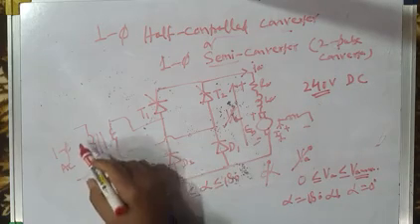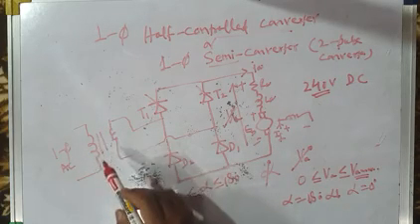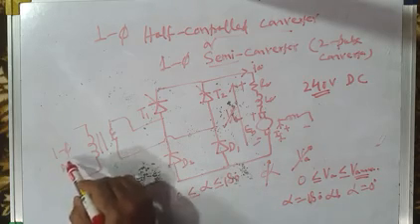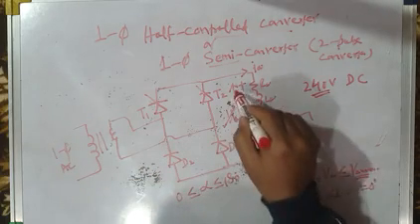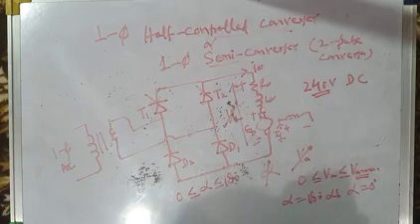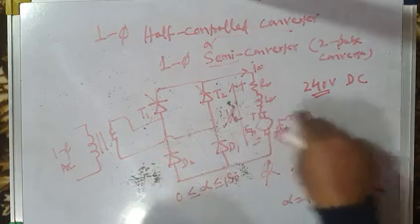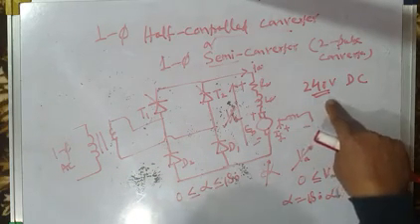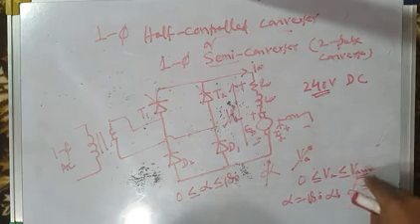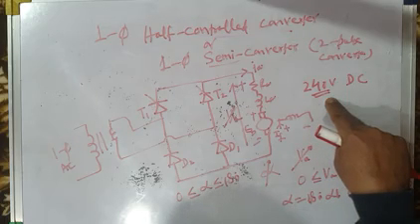You use this step down transformer in case the AC voltage for alpha equal to 0 degree gives an output voltage more than the rated voltage, say more than 240 volts.